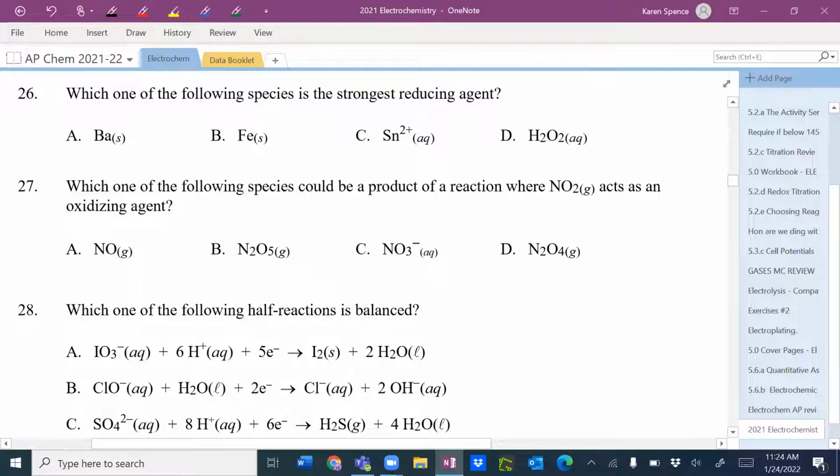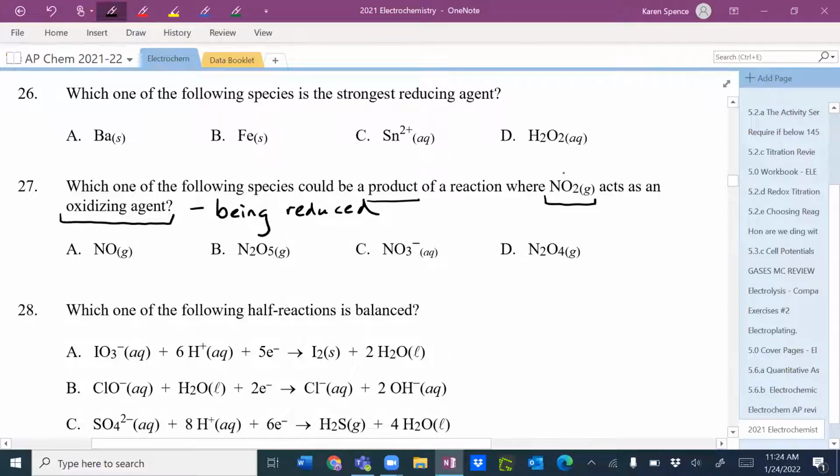Which of the species could be a product when we have NO2 acting as an oxidizing agent? If you are acting as an oxidizing agent, you are being reduced. So we need NO2 to get reduced.